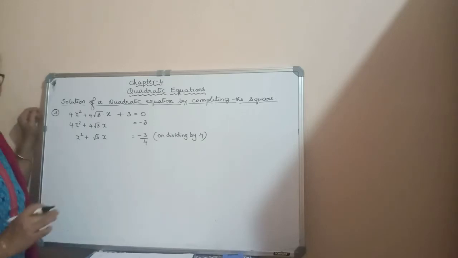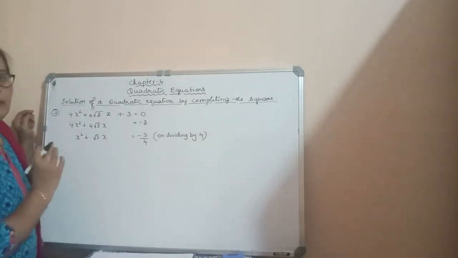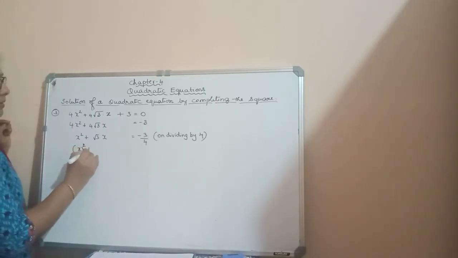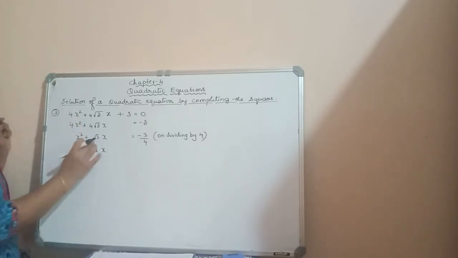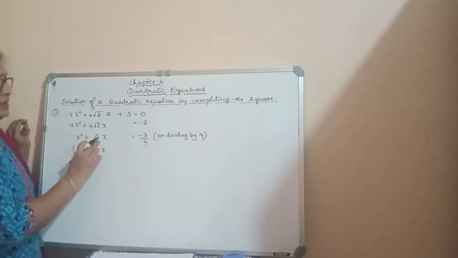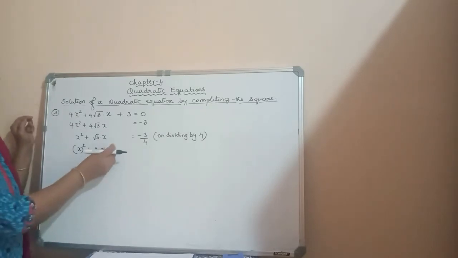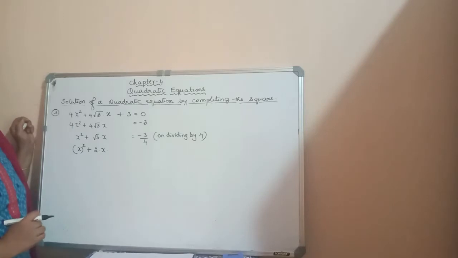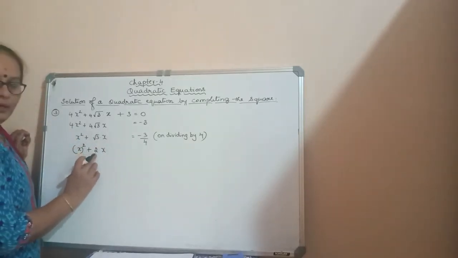Okay. Now you have to complete the square on both sides of this equation. So x square plus 2 is constant. What is a here? x. Then here root 3 is there. What will be the next term here? See here root 3 x, but here 2 is the constant.